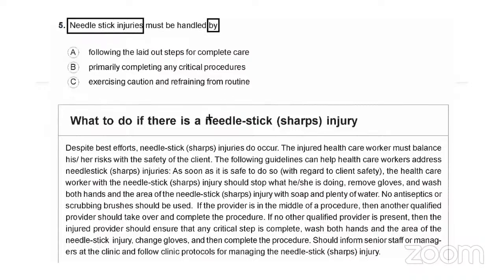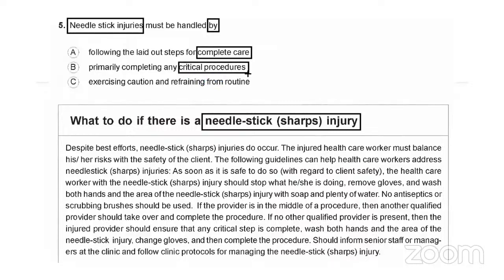So here we have the options: following the laid out steps for complete care, or primarily completing any critical procedures, or exercising caution and refraining from routine.